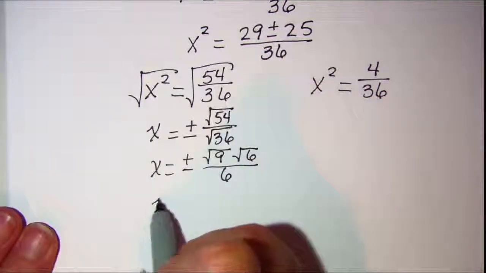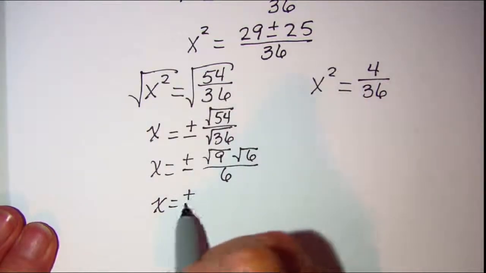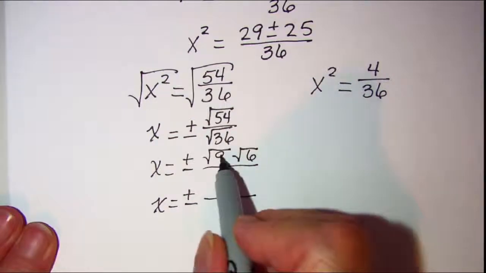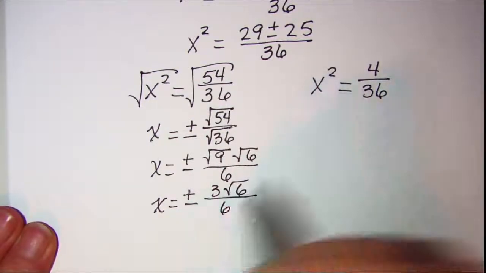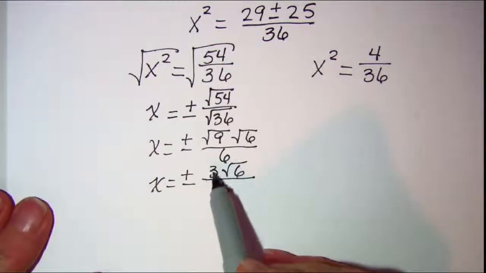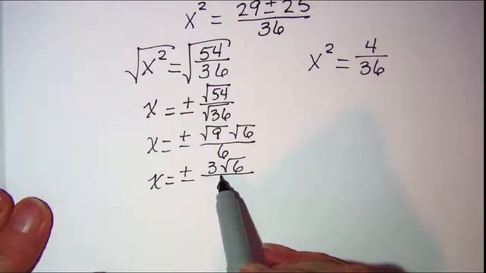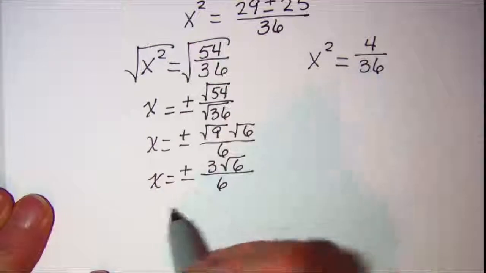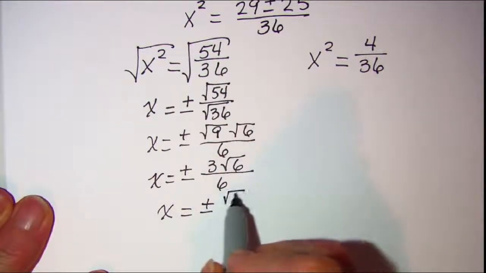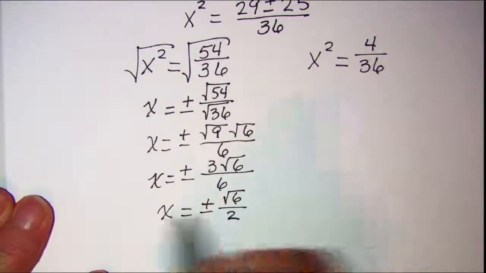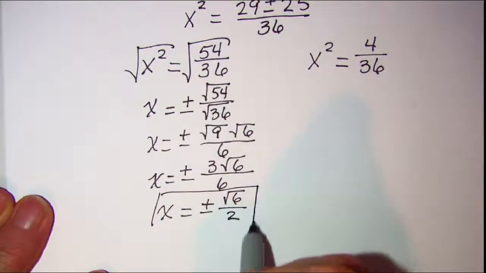This is plus or minus square root of 9 is 3, root 6 over 6. And then 3 over 6 is the same as 1/2. So I have x is equal to plus or minus root 6 over 2. So that's two of my solutions.